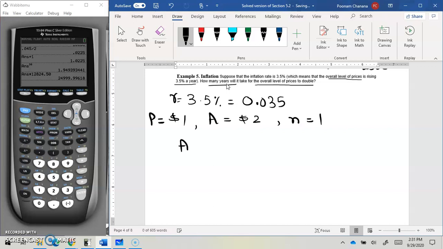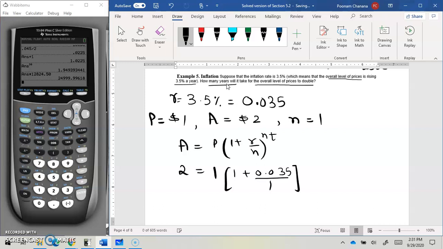So what is the formula for amount? Amount is principal times 1 plus r by n raised to the power nt. Let's put everything in. A is 2, equal to principal 1, times 1 plus r, 0.035, divided by 1, raised to the power t.